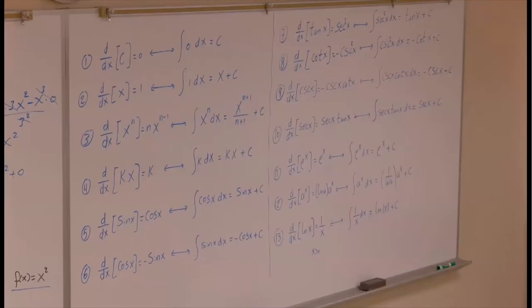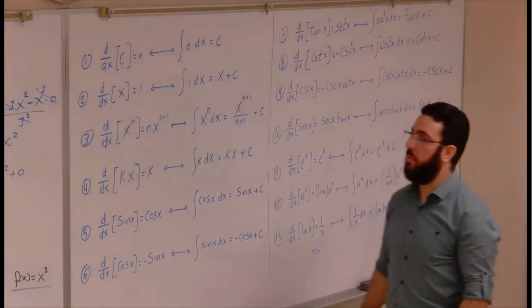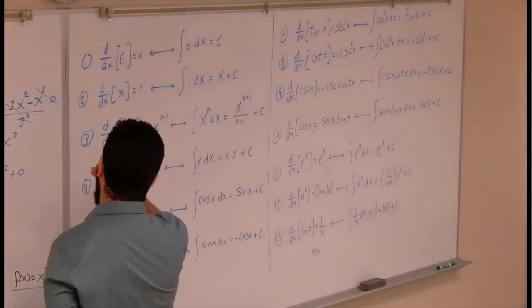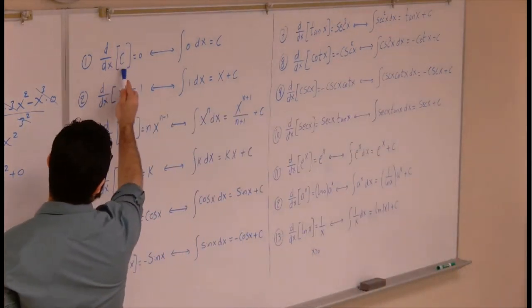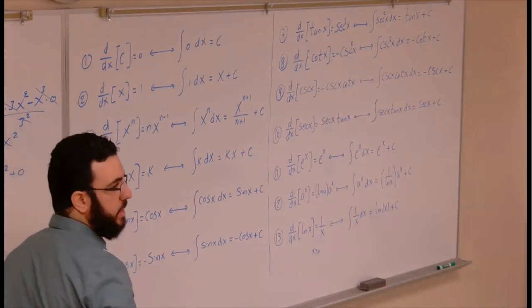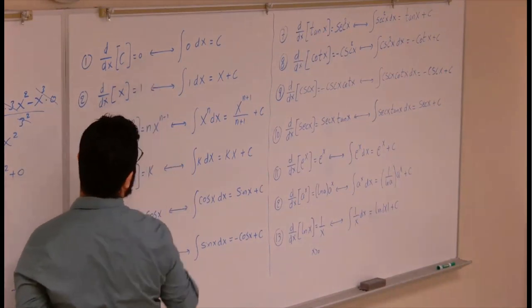The first rule: if you check here, I wrote the rules for the derivative, and now the antiderivative. The derivative of any constant, which is any number, is going to be 0.